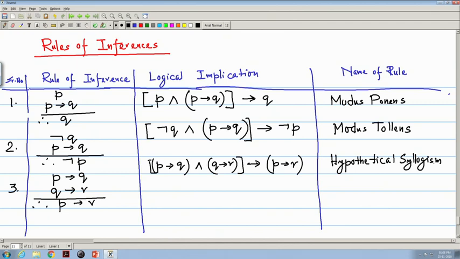Now, the fourth rule tells P or Q and negation P. P or Q and negation P gives, therefore, Q only.